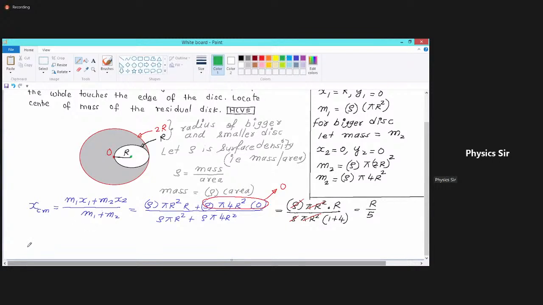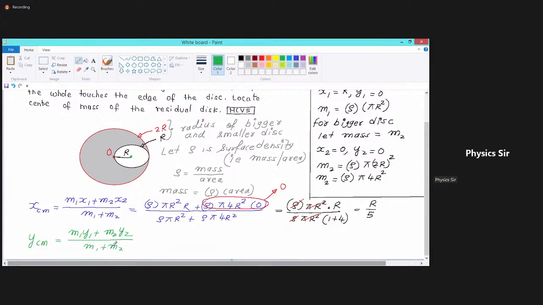Now if I am calculating the y center of mass, then this y center of mass is m1 y1 plus m2 y2 divided by m1 plus m2.